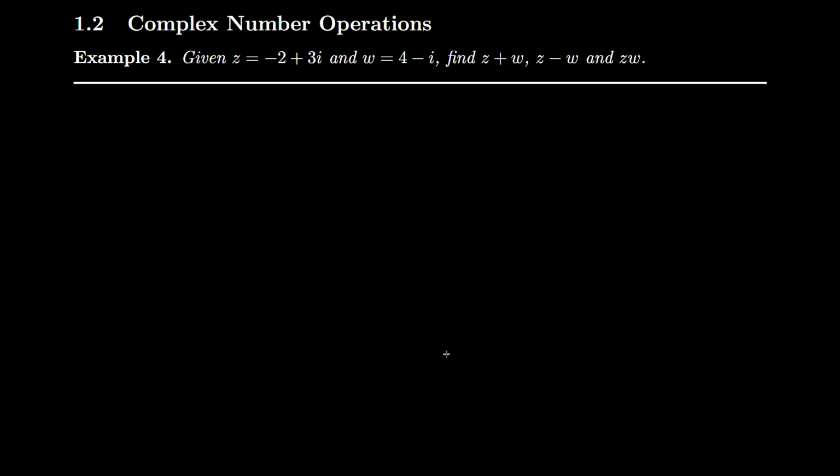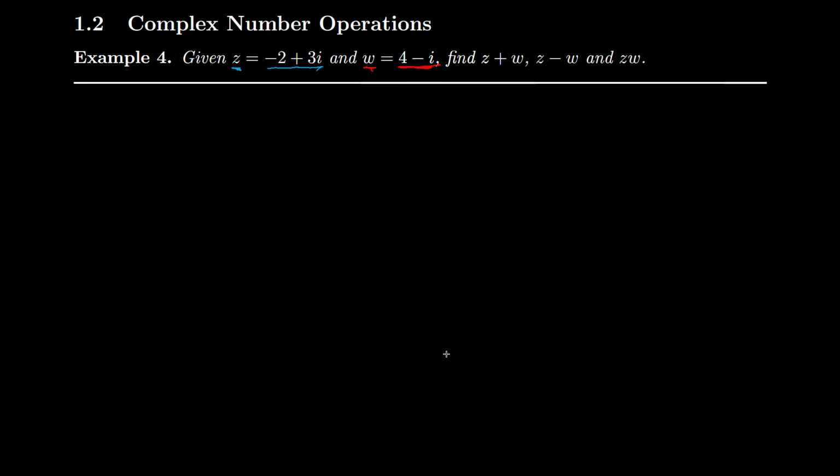So, let's begin talking about complex number operations. We're going to find how to do a few things here. We're given two complex numbers. We're given the complex number z, which is just negative 2 plus 3i, and we're also given the complex number w, which is 4 minus i.